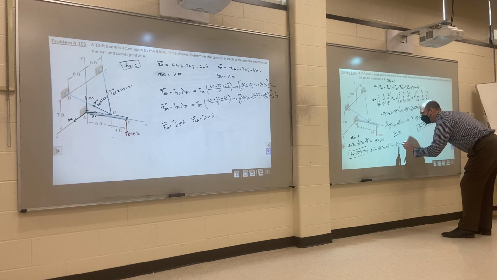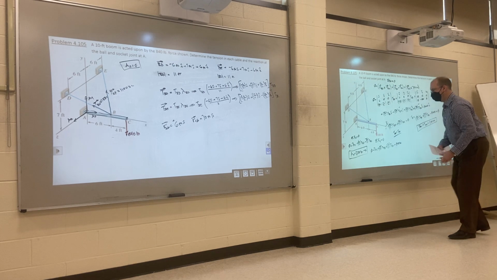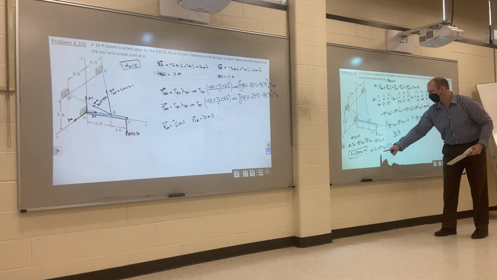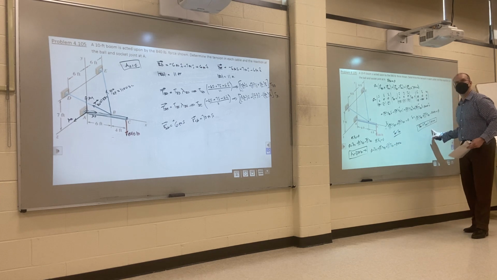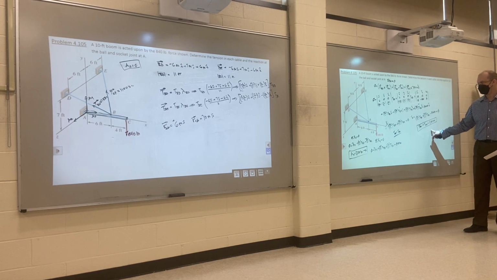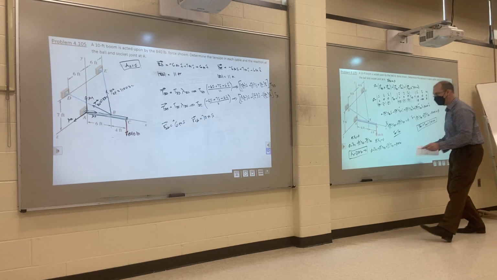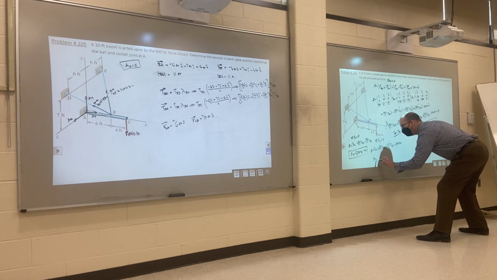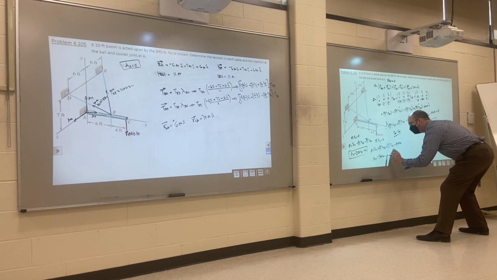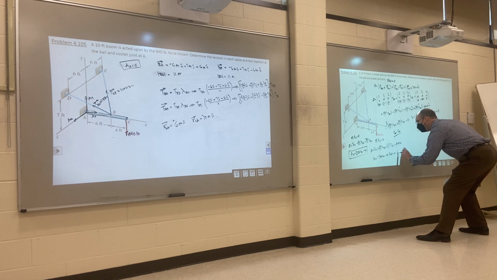Again, we substitute in for TBD and TBE the 1,100 pounds into the equation, and we solve for AY. You should get an answer of negative 560 pounds. AY is equal to negative 560 pounds, which means it's 560 pounds acting down.